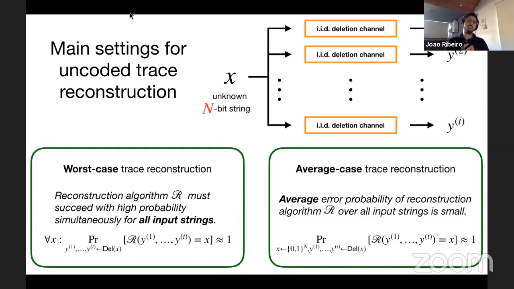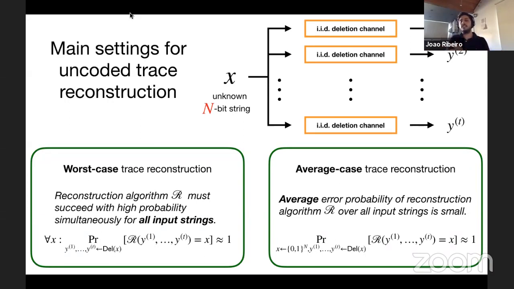The first one is worst case reconstruction, where your reconstruction algorithm needs to work with high probability for every input string. And you also have a relaxation of this, which is average case reconstruction, where you no longer require that your algorithm works for every string, but just that its average error probability, when averaged over all input strings, is small.